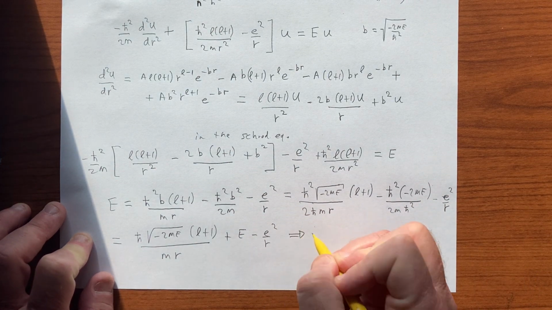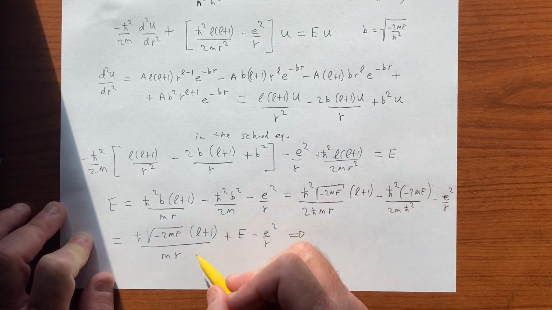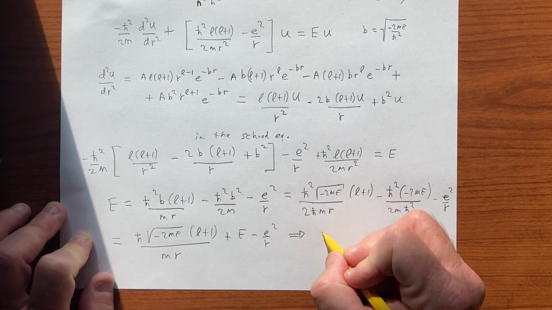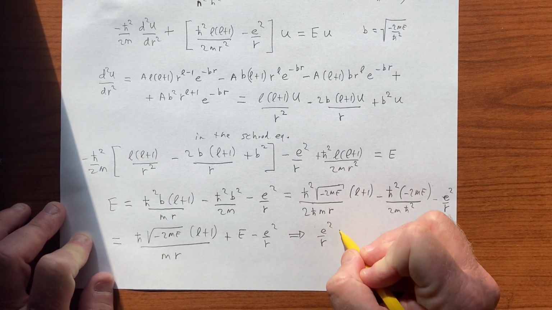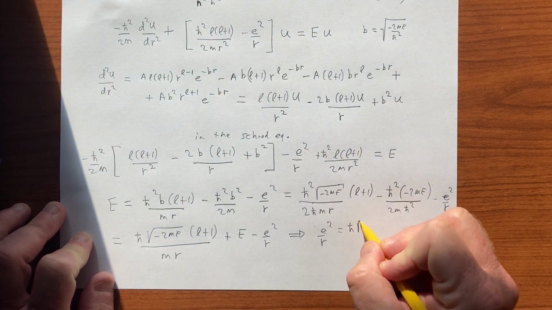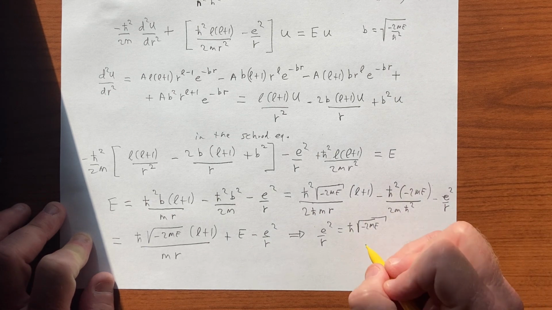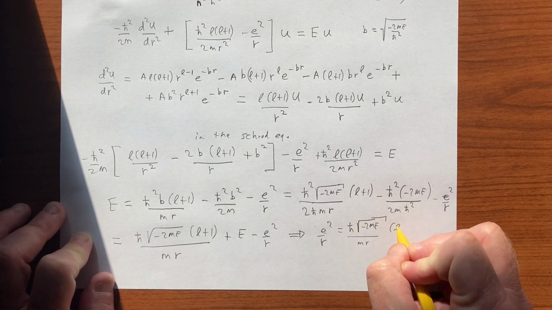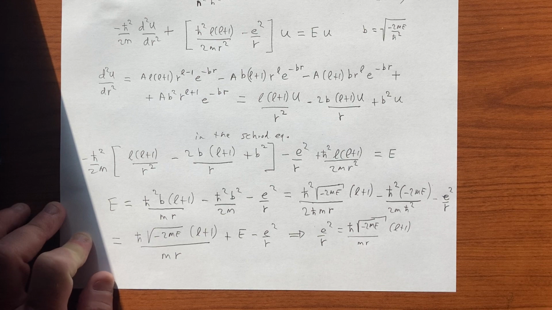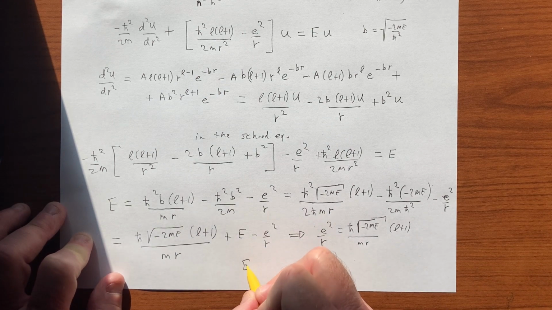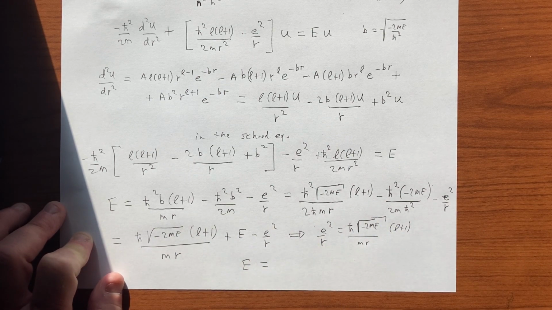So we can conclude that we can cancel the E's on two sides, and so e squared over r is equal to h bar times the square root. Now we only have one energy term here, over mr times L plus 1. And so we can solve for E. We have to square everything.